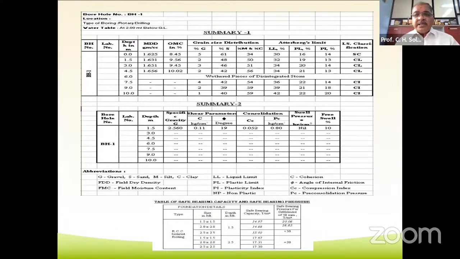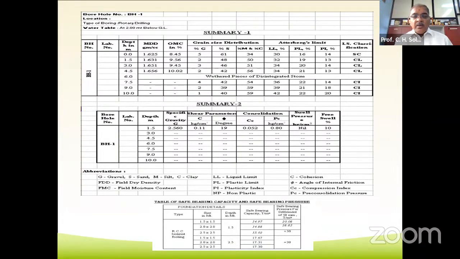In addition, as we know, the results obtained from the field test as well as the laboratory test are used for the bearing capacity computation. So we need to mention the shear parameters at the different depths. In addition to shear parameters, if you are conducting the test on consolidated saturated clay soil, you need to have the results for the consolidation parameters too in the bore log.